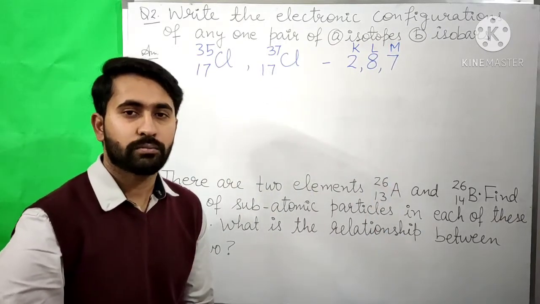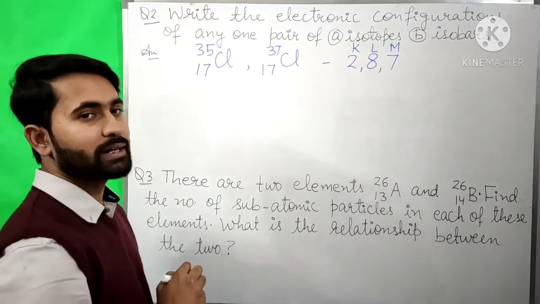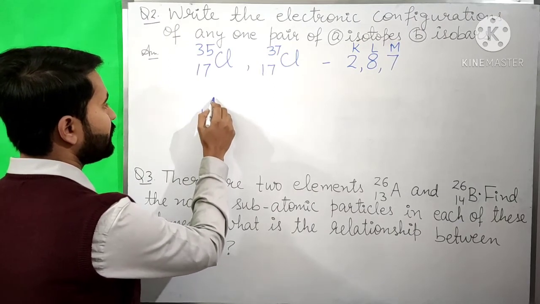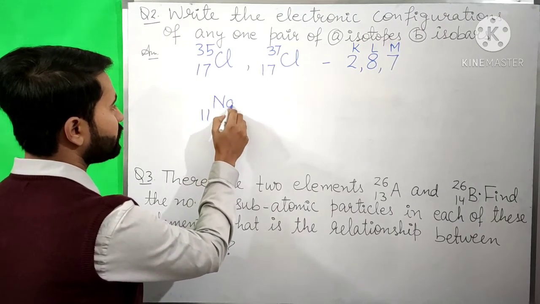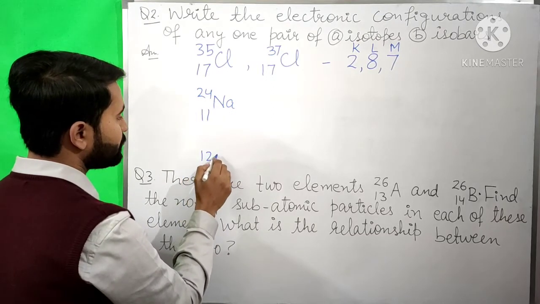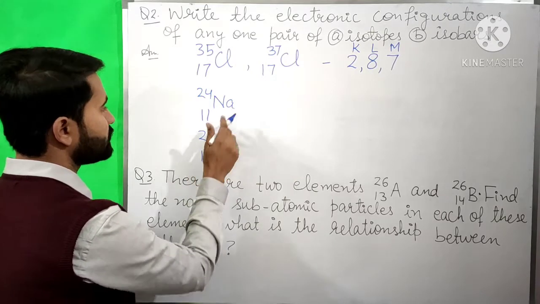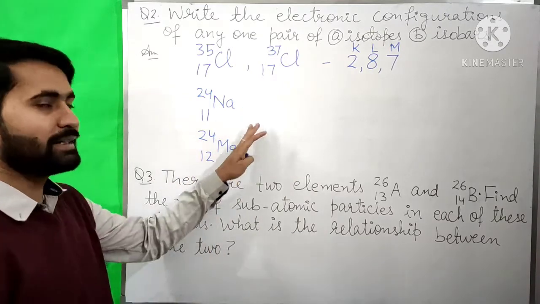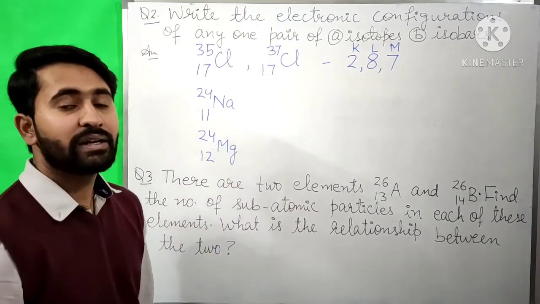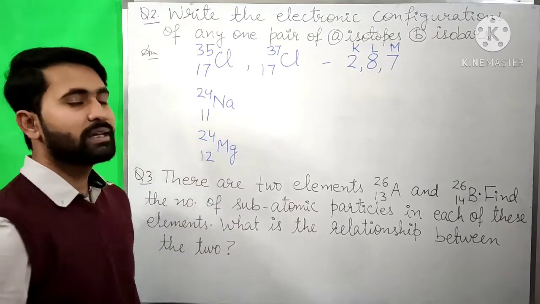Now for the isobars, we will take sodium and magnesium atoms. So the isobars will be 11Na24 and 12Mg24. These two are isobars. So we will write their electronic configurations. Now sodium will have 11 electrons in it because its atomic number is 11.